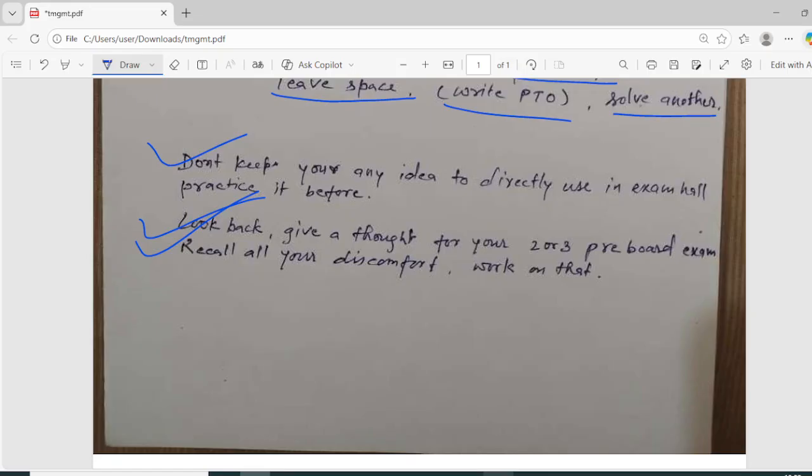In general, for every question, we have 2 minutes to solve. 80 marks, 160 minutes, and the last 20 minutes you have for checking your work, to check if you have missed answering any questions.